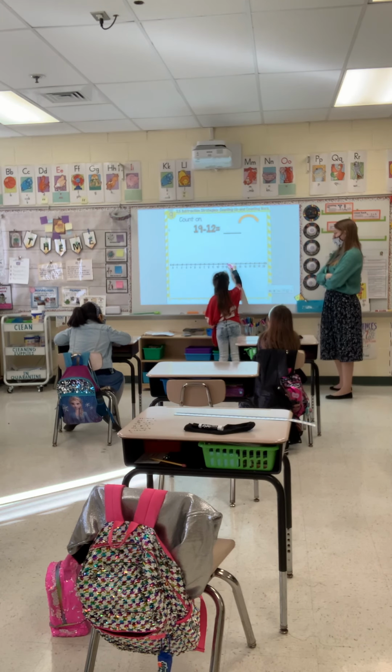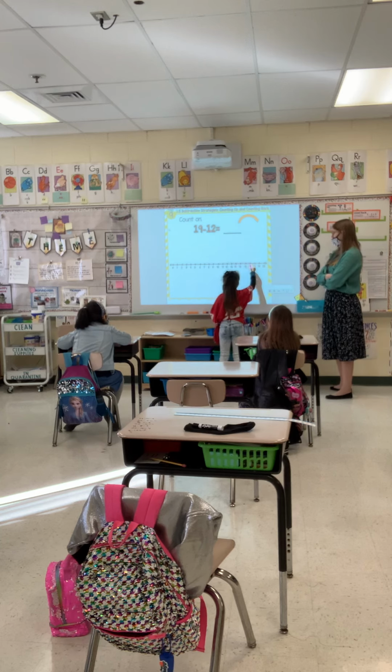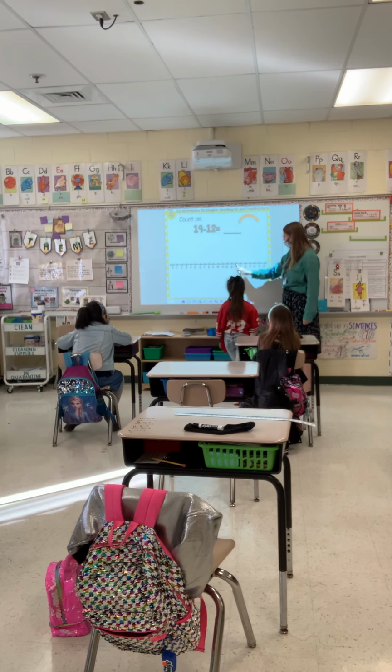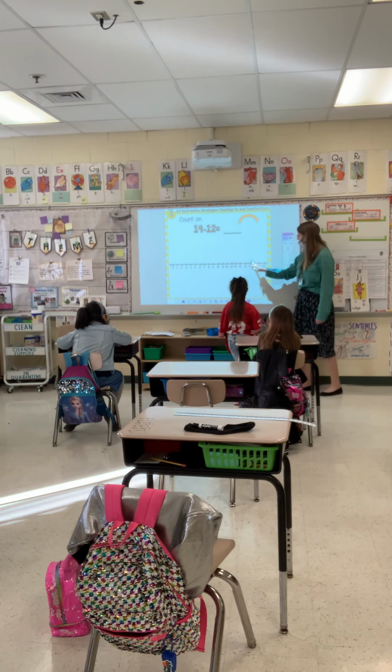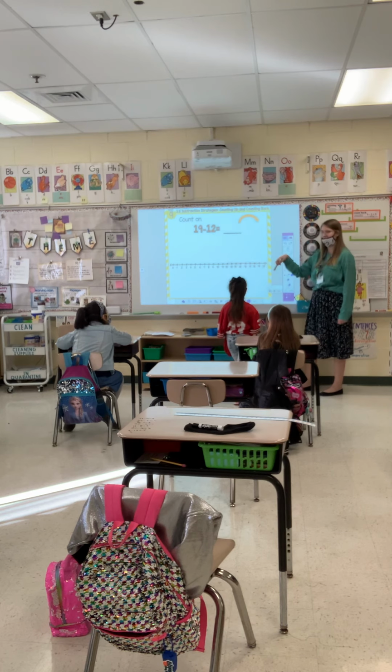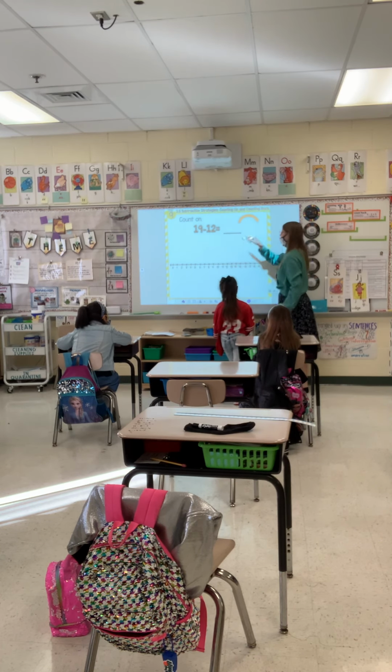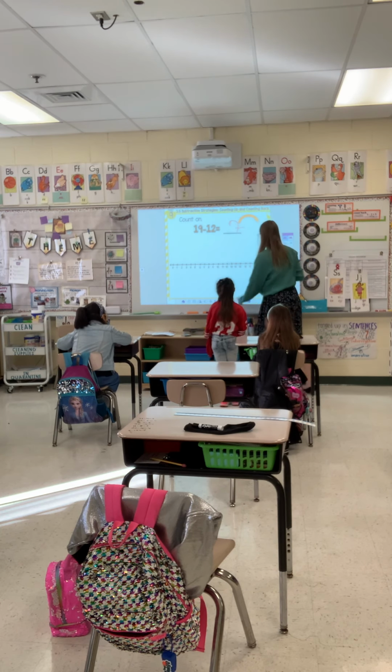Alright, she found the 12, and she's off. You want to find the 19? Awesome. Let's count how many hops it took. 1, 2, 3, 4, 5, 6, 7. Sorry, 7, yeah. It took 7 hops. Good job.